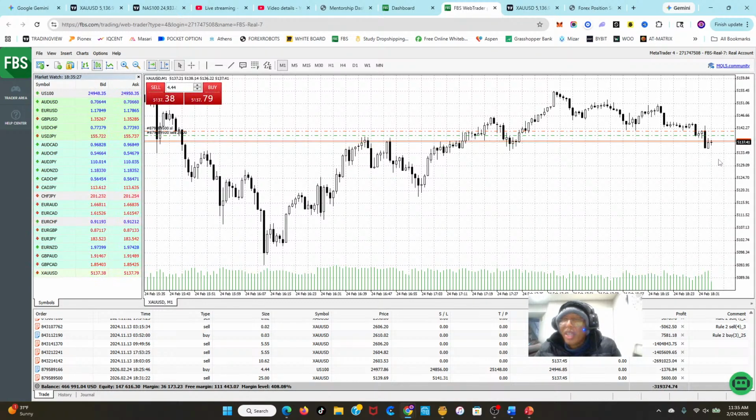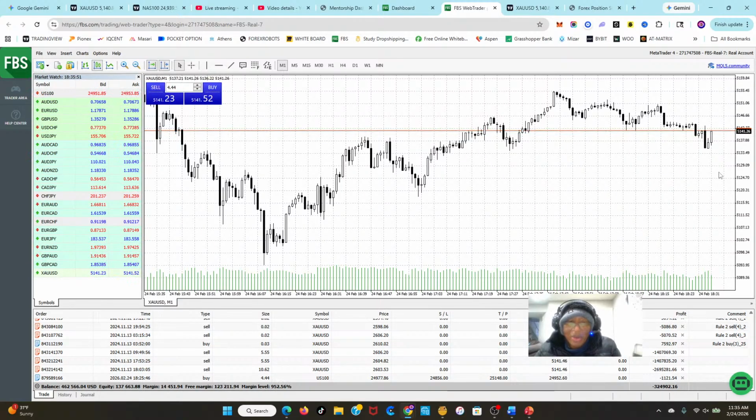So now let's see if we get another bigger bar. It doesn't look like it. Gold is extremely volatile. That's why you want to keep an eye on this trade. Oh no, it's coming back, so it's going to take us out now. Boom. Took us out.